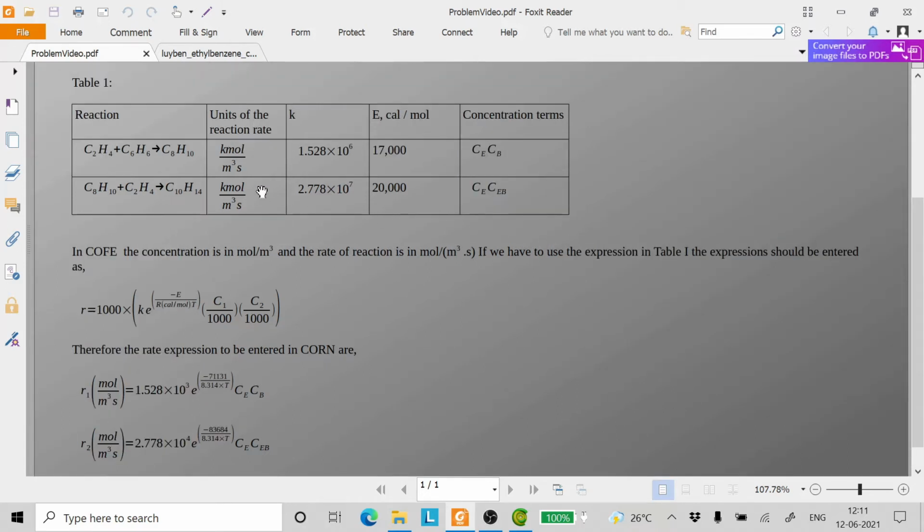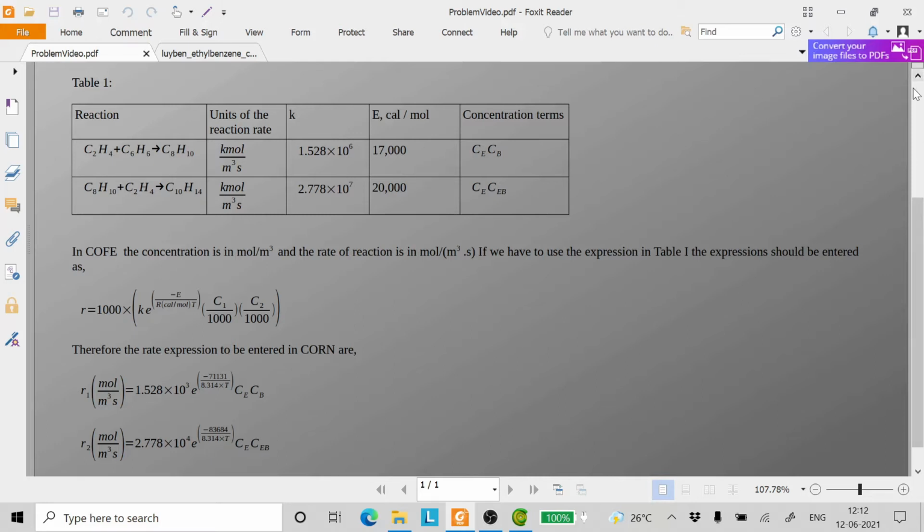The expression given here has the rate of reaction as kilomole per meter cube second, and the concentration units are in kilomoles per meter cube. Therefore, the rate of reaction has to be multiplied by 1000.